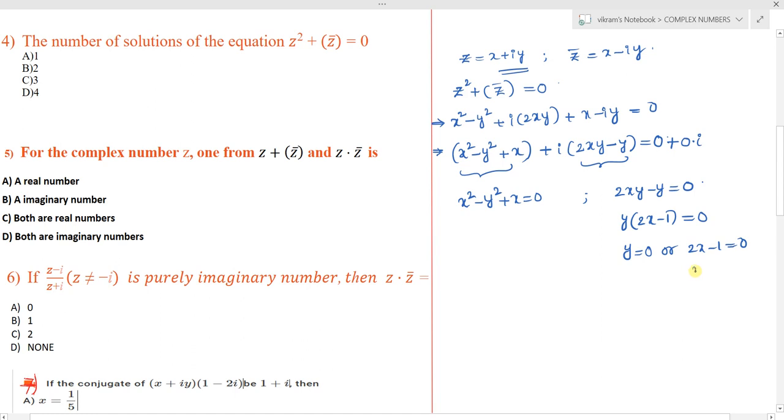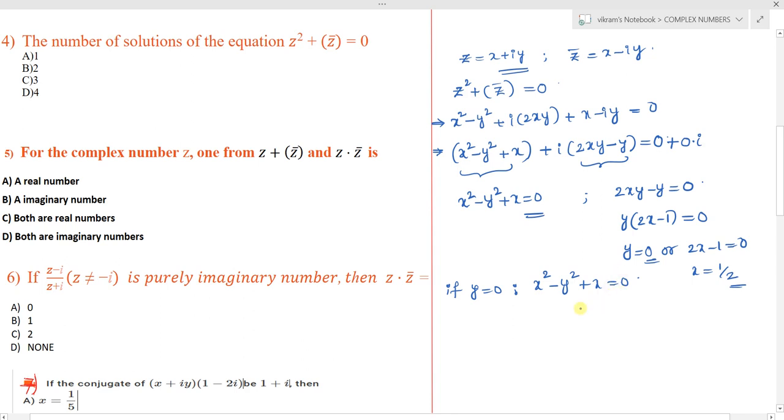The only condition is either y equals 0 or 2x minus 1 equals 0. So we get x equals 1 by 2, and y equals 0. If y equals 0, what happens to the condition x square minus y square plus x equals 0?